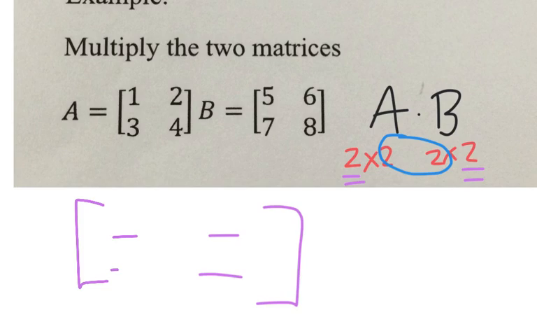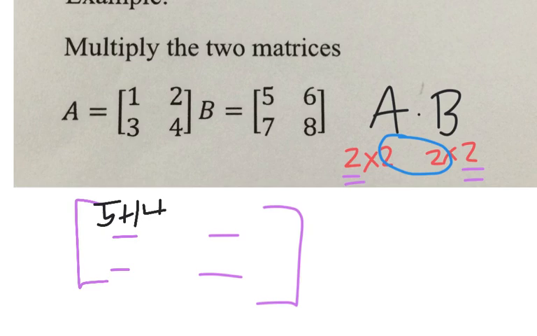So this would be 5 times 1 is 5. 2 times 7 is 14. Are you okay with that?